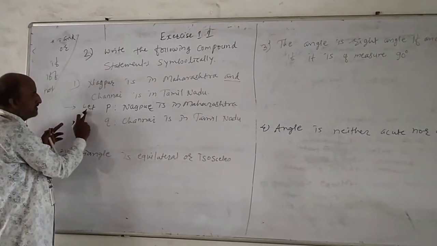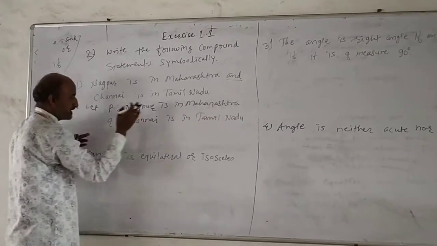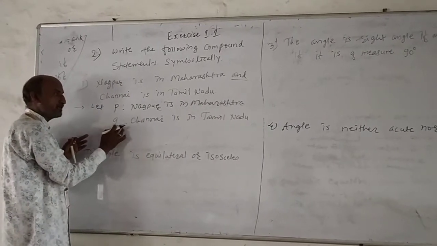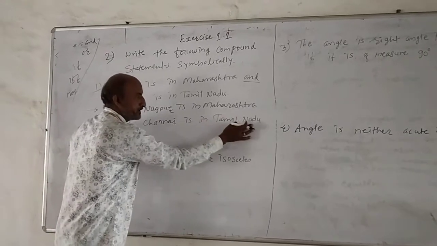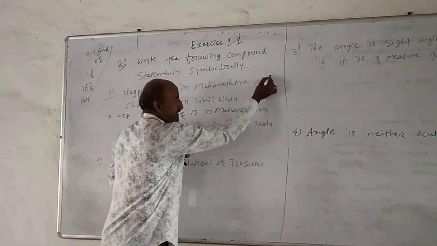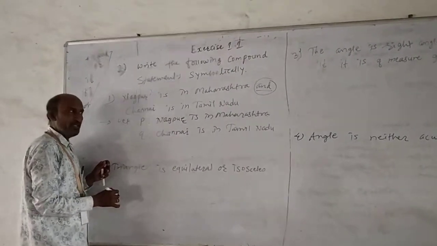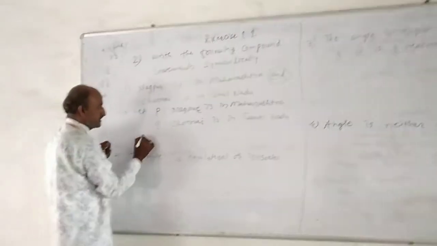Here, let P be Nagpur is in Maharashtra. Second statement, that is Q, Chennai is in Tamil Nadu. You know the logical connective. Which logical connective? And what is the symbol of this particular and in symbolic form?